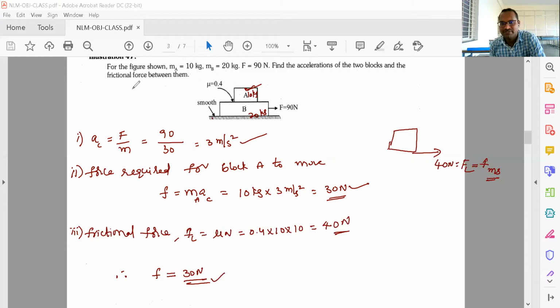So we have got both answers. First, common acceleration is 3 meter per second square. And the frictional force between them is 30 Newton only, it is not 40 Newton. Remember this point, important. Clear, students? One more example is there, that also we will take. You will get still more clear information.